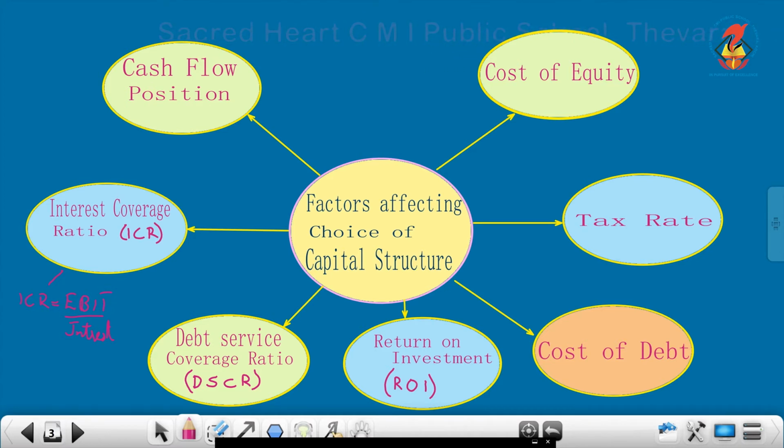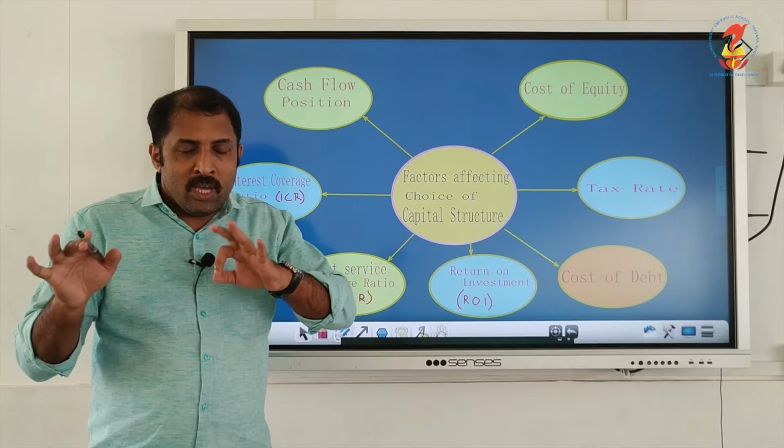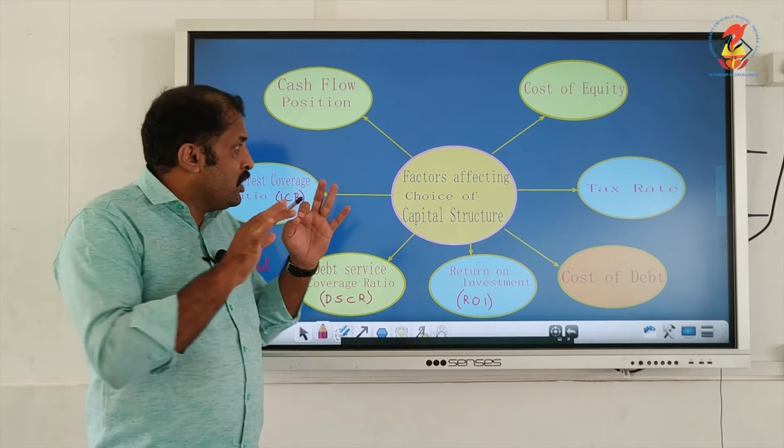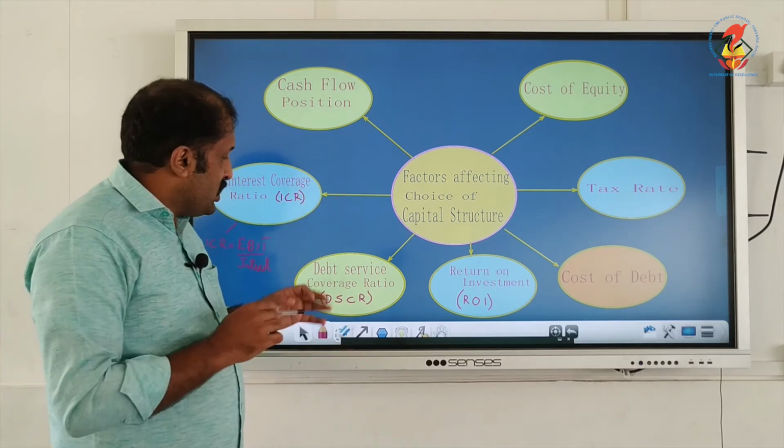When it is divided by interest, we get how many times the company's earnings can cover the interest payment obligation. So that is another factor. We are trying to see how far the company is able to cover the interest obligation. Considering ICR, we have to go for preparing the capital structure.